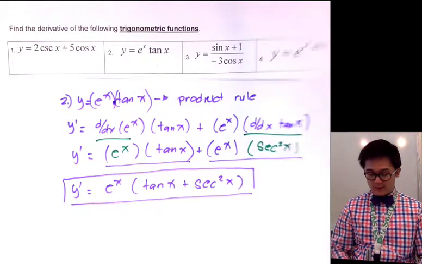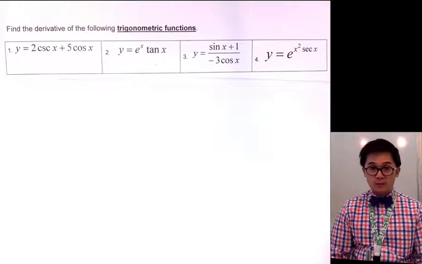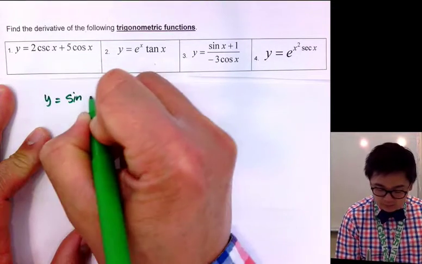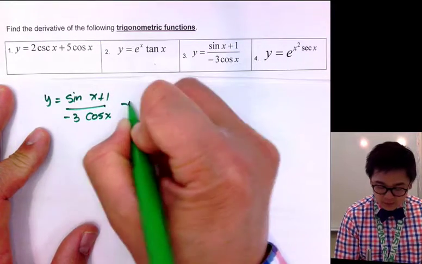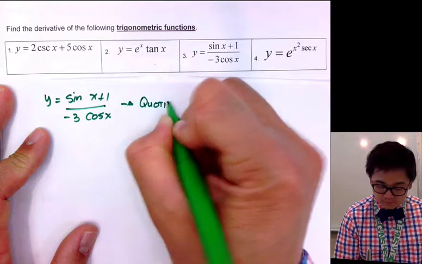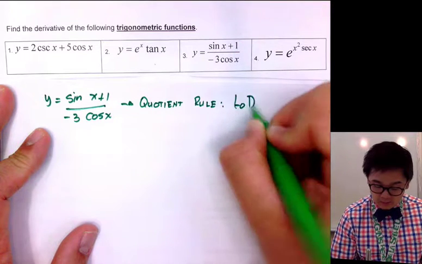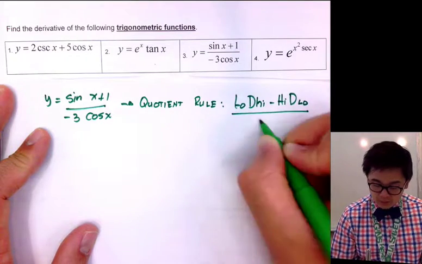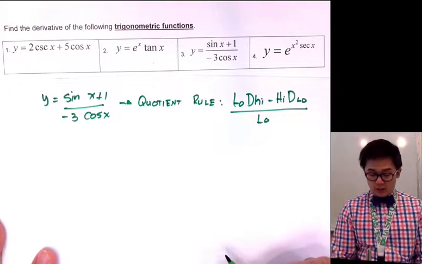Now let's find the derivative of problem number 3, which in this case is going to be a quotient rule. So we have y equals sine x plus 1 all over negative 3 cosine x, and we're going to use the quotient rule, which is low d high minus high d low all over low low, wherein low is the denominator and high is your numerator.